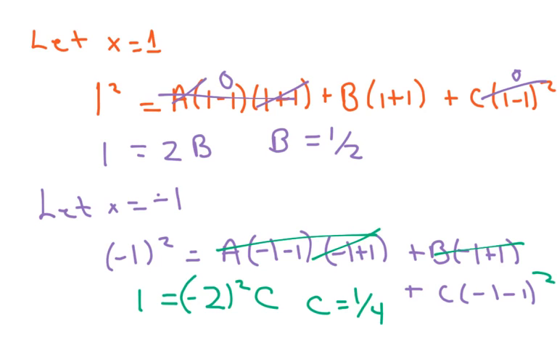Okay, so now we know that b is 1/2 and c is 1/4. So now we're going to go ahead and let x be 0 and see what happens. If we let x be 0, we get 0 squared equals, and there's a different way to do this.